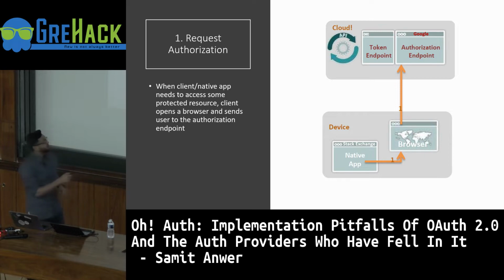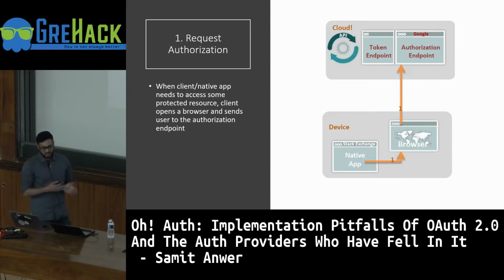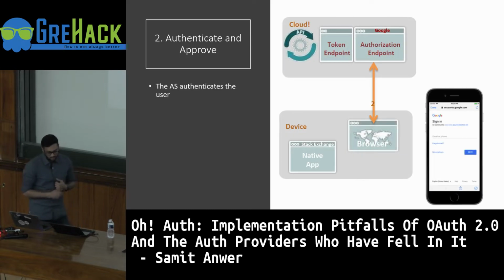So here I have the resource, which is the cloud API endpoints, and we have the auth server here. And this is the mobile application executing on the client device and the browser here. So once the client needs to access some resources, it will invoke the browser and redirect the browser to the authorize endpoint of the auth server, where the user will, of course, authenticate.